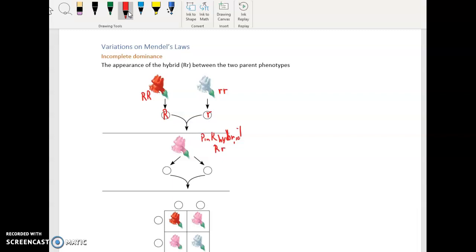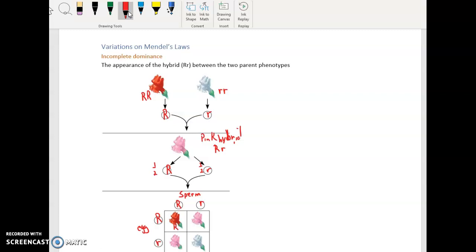And half of its gametes will be capital R, and 1/2 of the gametes will be small r. So if we do a table, we will get the sperm here, and there'll be 1/2 big R, 1/2 little r, and the eggs over here, 1/2 big R, 1/2 little r.